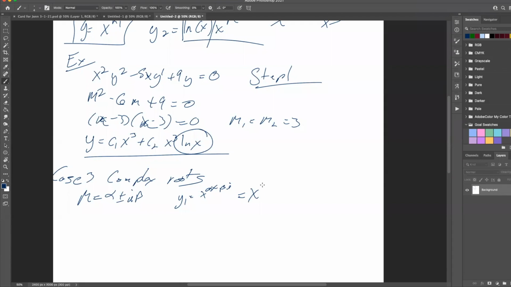Then we can split that. Oops, there's no x here, that should be a plus. So I'm going to raise it to that power, so I can have x raised to the alpha times x raised to the beta i.